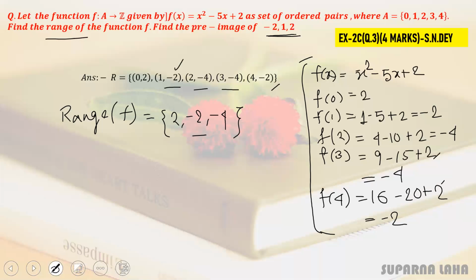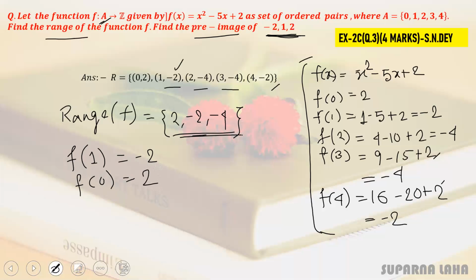Now you need to find out the pre-image. That means images are given, then you need to find the elements chosen from the set A such that f of A is equal to these members. So f of 1 is equal to minus 2 and f of 0 is equal to 2. But look at this range set.